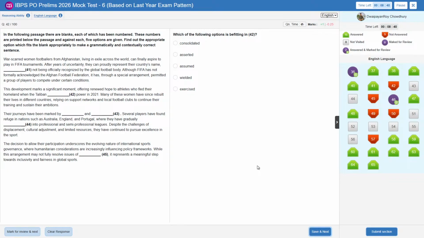This development marks a significant moment, offering renewed hope to athletes who fled their homeland when the Taliban took over power: assumed power, asserted power, consolidated power.